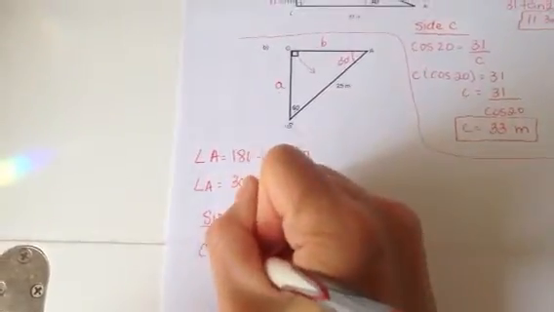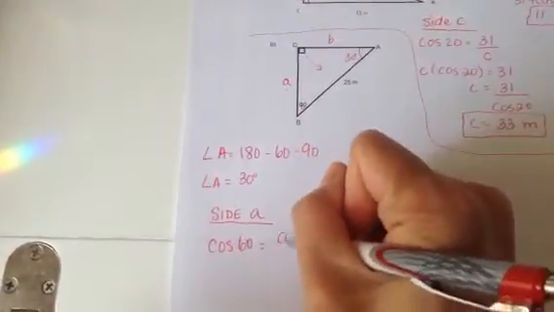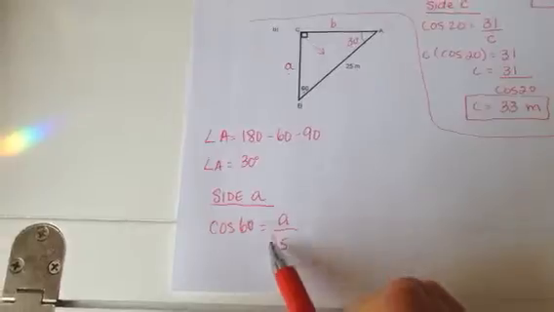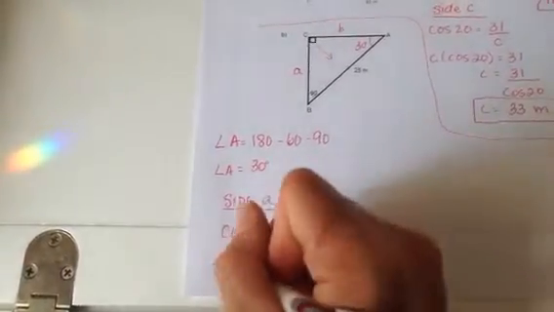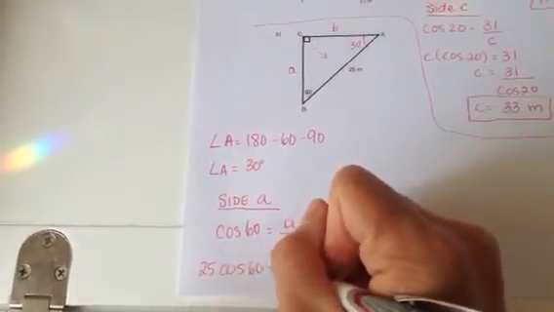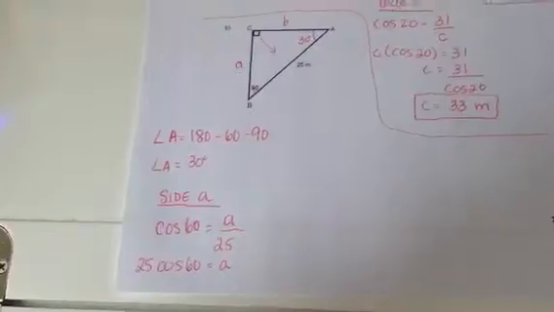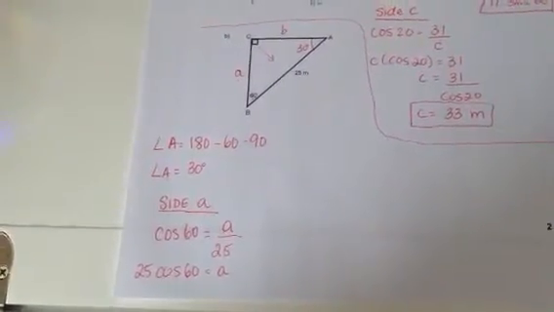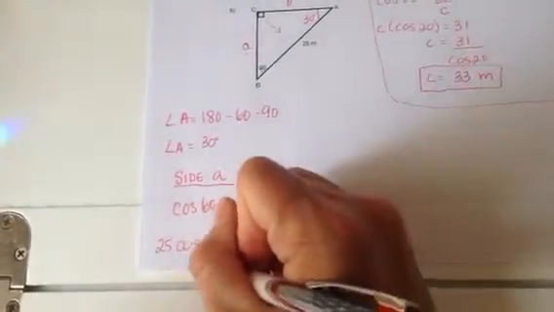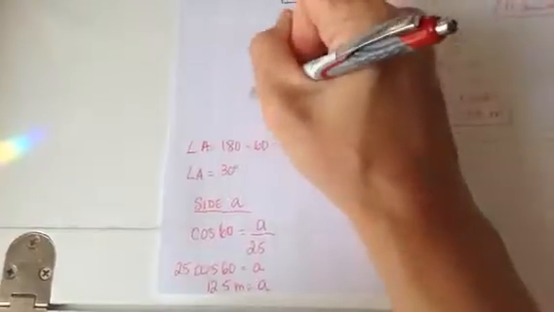So cos 60, adjacent is A over the hypotenuse 25. We're going to multiply the 25 by cos 60. It's equal to A, and that's plugging that into our calculator. So 25 times cos 60 is equal to 12.5. It's in meters. 12.5 is A.